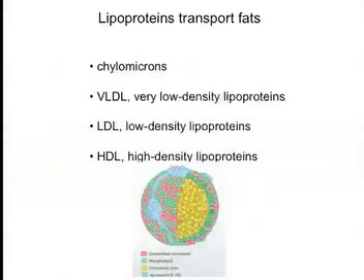Okay, let's think about how fats are transported. Again, a very cursory look at lipoproteins. There are a variety of different types of lipid organization structures. These are found in the plasma, right? So we're referring to humans in this case. The simplest being the chylomicrons. These are very low density, right? Think about, before we get started, what does low density mean?